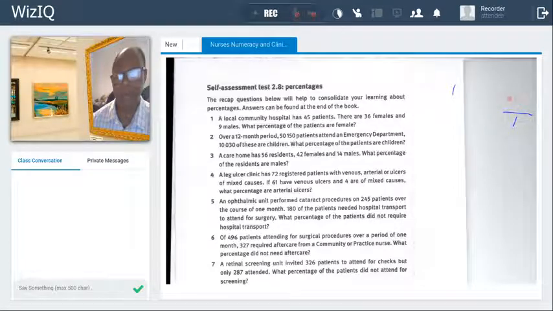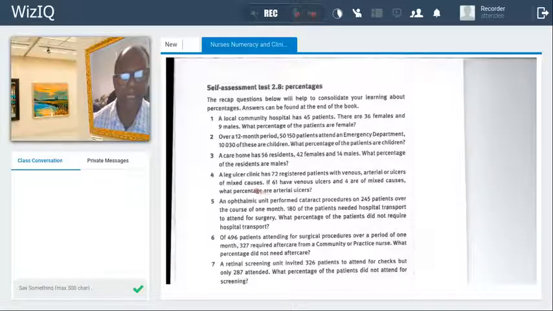And that's question 4. Question 4 says, a clinic has 72 registered patients with venous, arterial or ulcers of mixed causes. If 61 have venous ulcers and 4 are of mixed causes, what percentage are arterial ulcers?